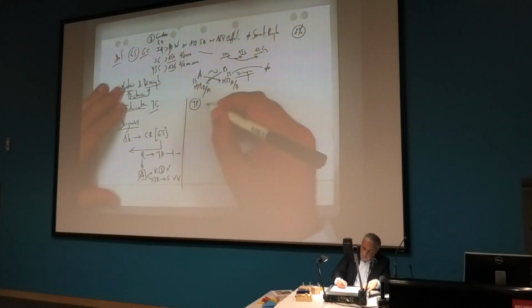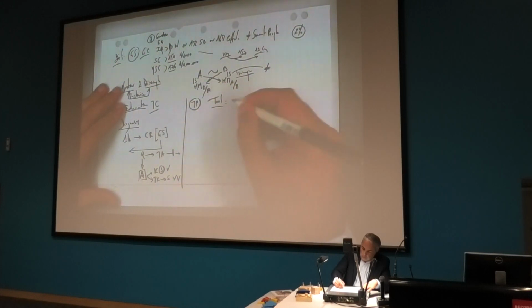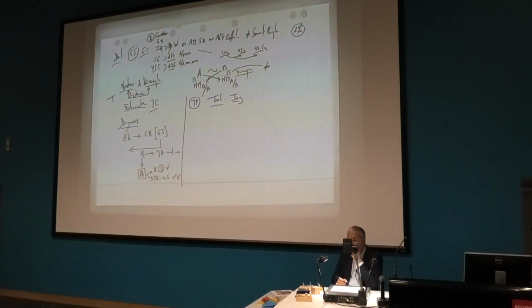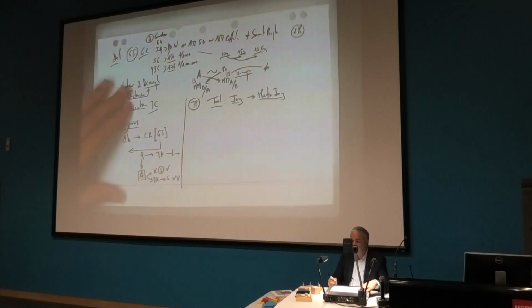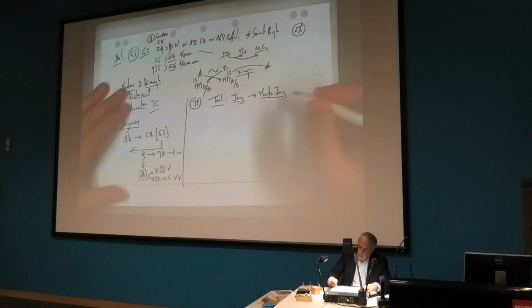Now, you have to use a tool, rather strange, joy. And another one, meta-joy. So, meta-joy is the joy which is connected to the joy.